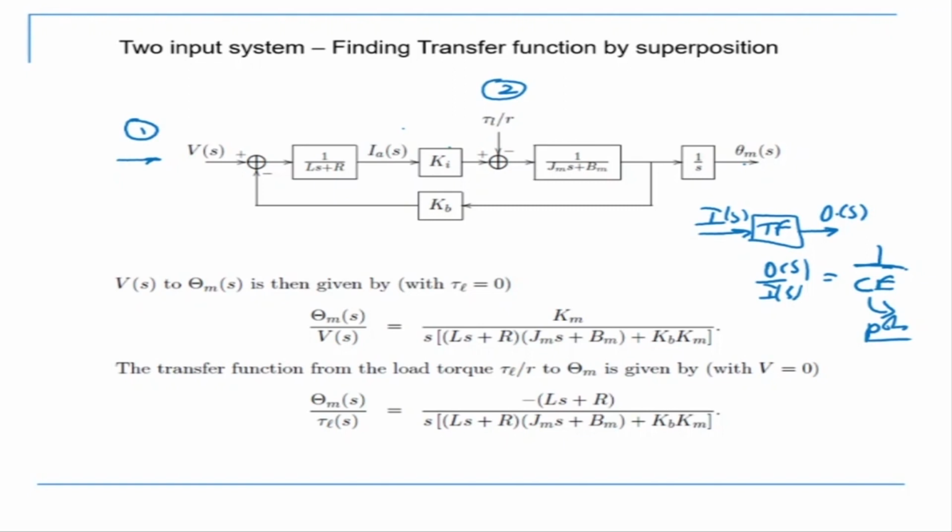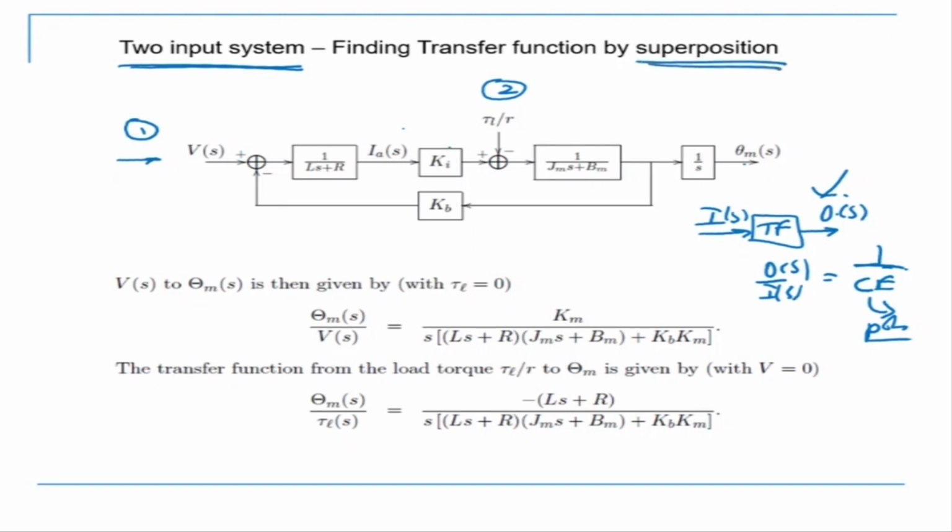In the last class, I had discussed how to find the transfer function, or how to convert the various blocks into an input-output system in the case where there are 2 input systems. In the case of a 2-input system like this, we use superposition.